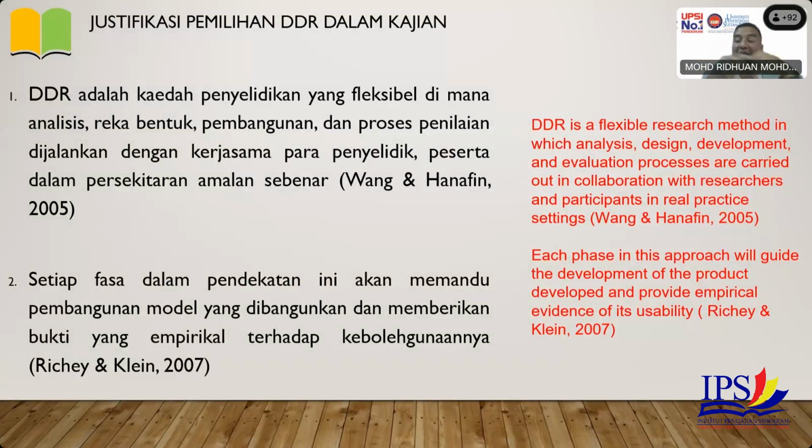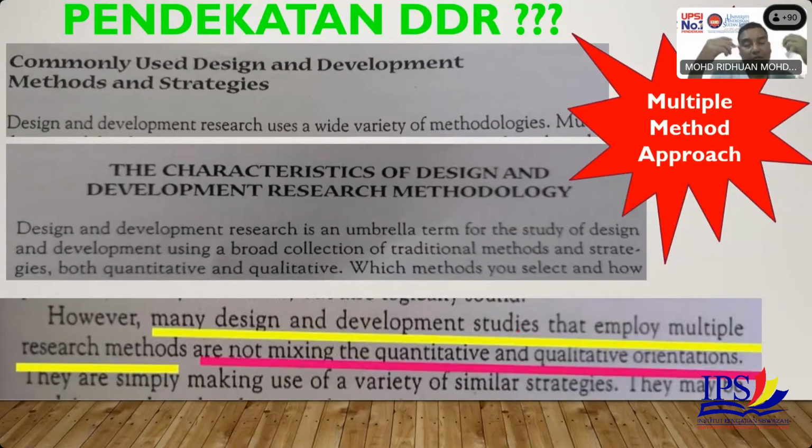Okay, now, the approach of DDR. If we use the DDR, what approach will we use? Because before this, all of us just knew about the qualitative approach, quantitative approach, and mixed method approach.